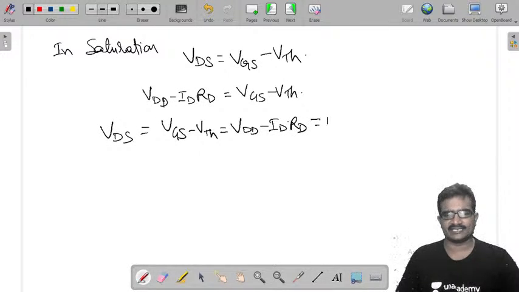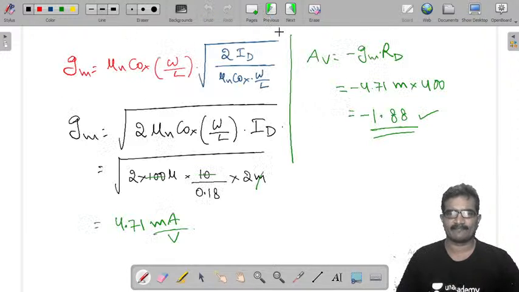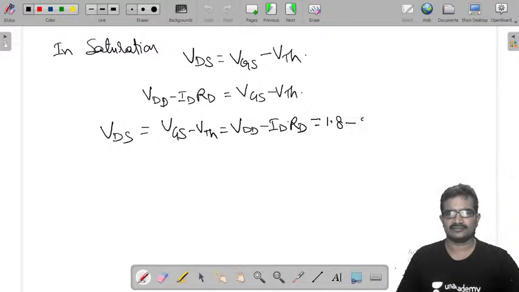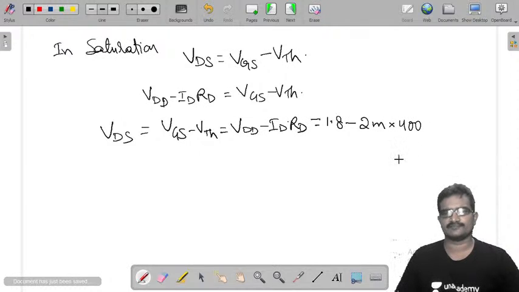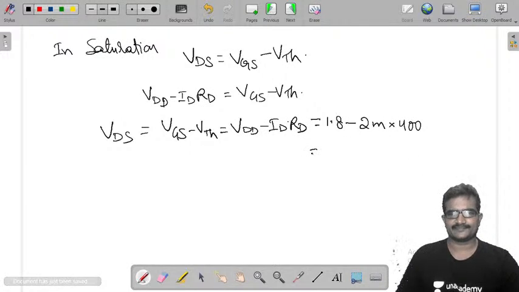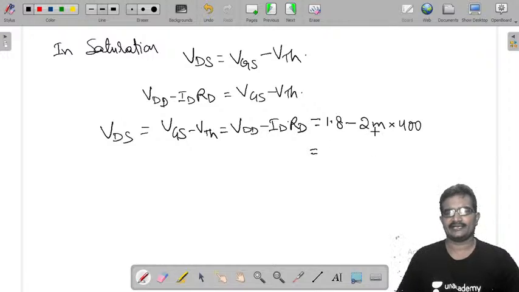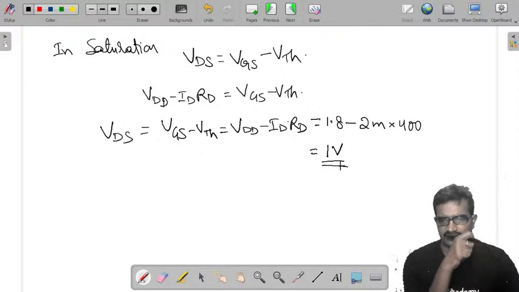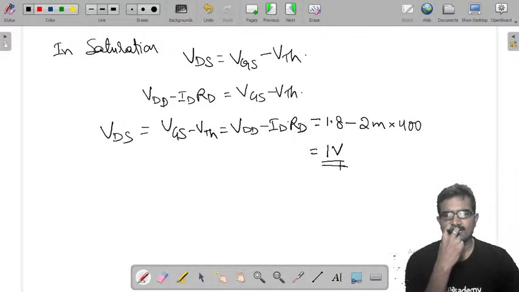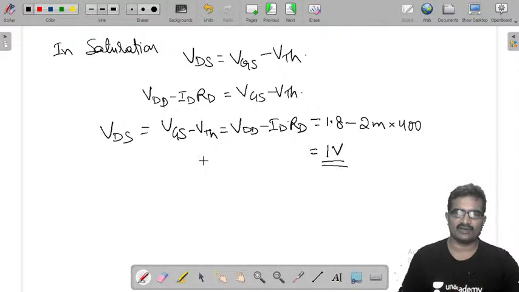So VDD is 1.8 minus ID value, 2 milliamperes they given, 2 milli into RD is 400 ohms. Now it is 800 milli, so now it is 1 volt. That is the VDS value. Okay, VDS value is 1 volt.